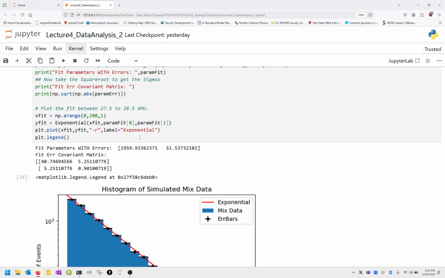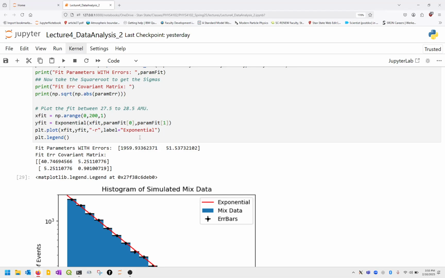Unfortunately, sometimes these numbers come out negative, but you take the absolute value of it. So numpy.abs makes it so that you can take the absolute value of your matrix. Because you don't want to square root negative numbers, right? Unless you're doing quantum mechanics. You end up doing square roots of negative numbers all the time. So when you square root this, now it's much easier to read.